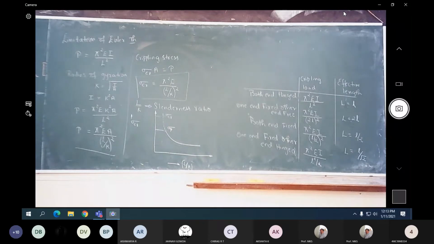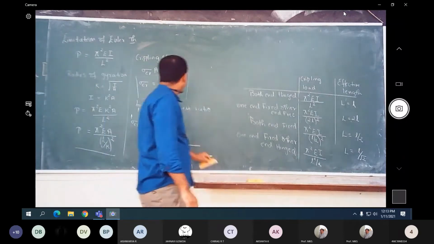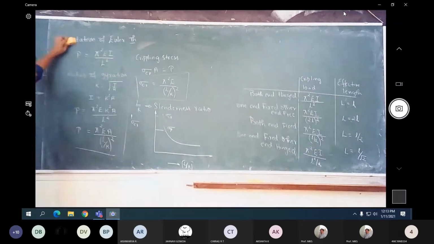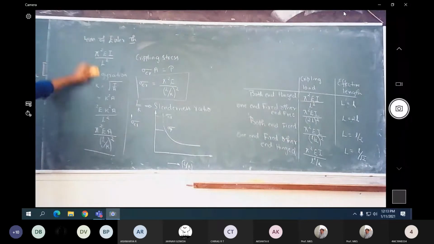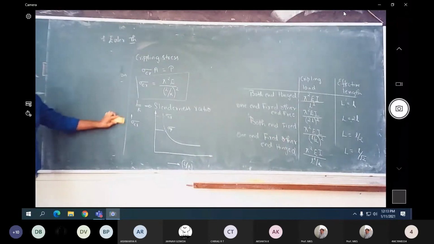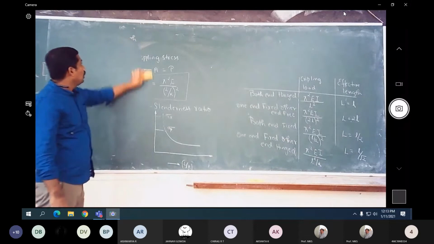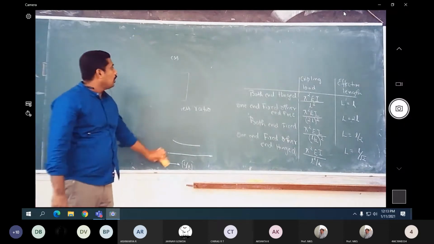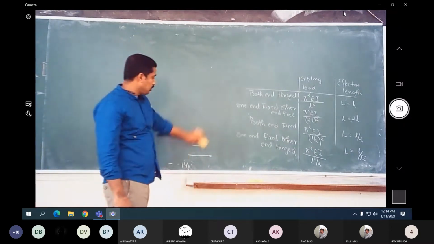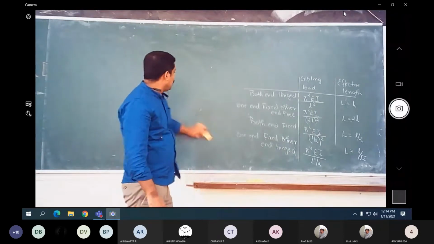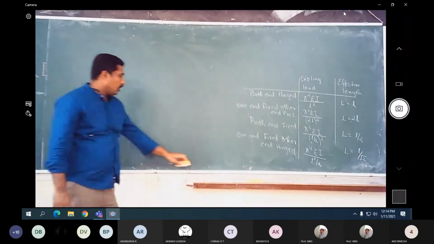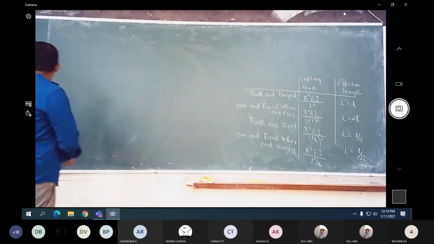So we have one more small derivation for Rankine theory to overcome this limitation of Euler theory. To overcome the limitation of Euler theory, Rankine and Jordan suggested an equation which holds good for all the three columns. The column which may be a long column, or a short column, or a medium column, which is subjected to either a buckling load, or a crushing load, or a combination of buckling and crushing.